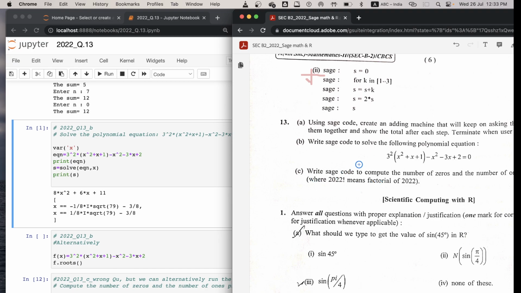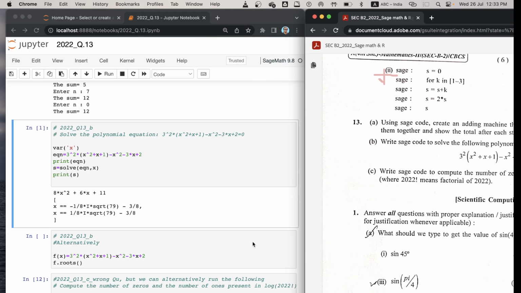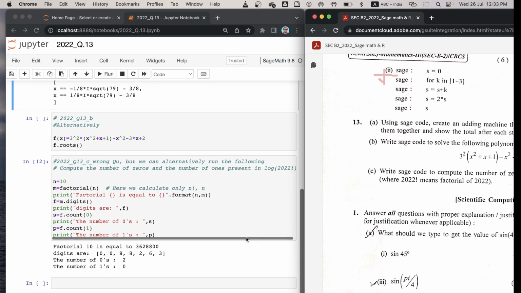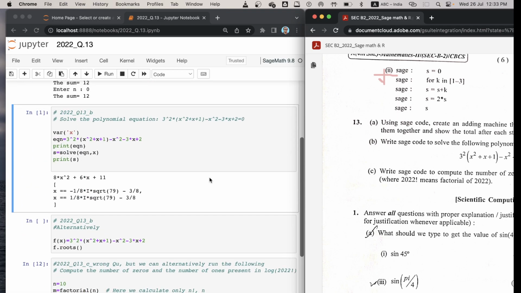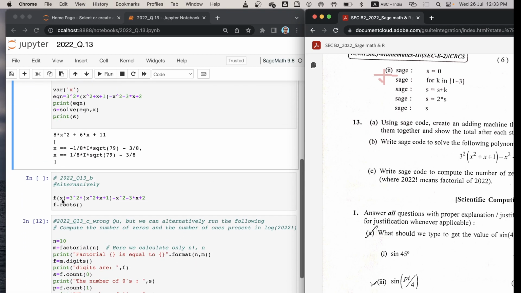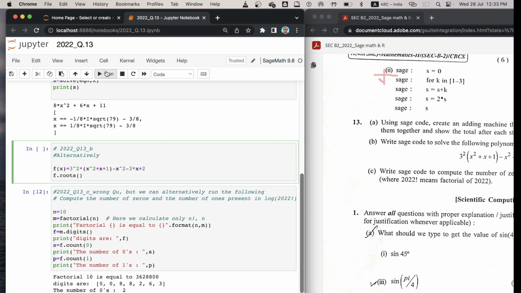Last question, C. Write Sage code to compute the number of zeros and number of ones present in the log of 2022 factorial. In the previous question B, you can alternatively use f dot roots. Run this.